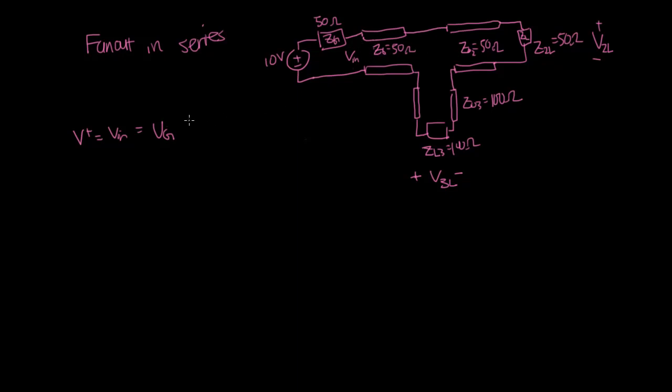You just see this 50 ohms, this Z0, we'll call this transmission line 1. So that's 10 volts over 50 plus 50, and you get this 5-volt signal going in. So now the question is, what are the voltages going here and here?